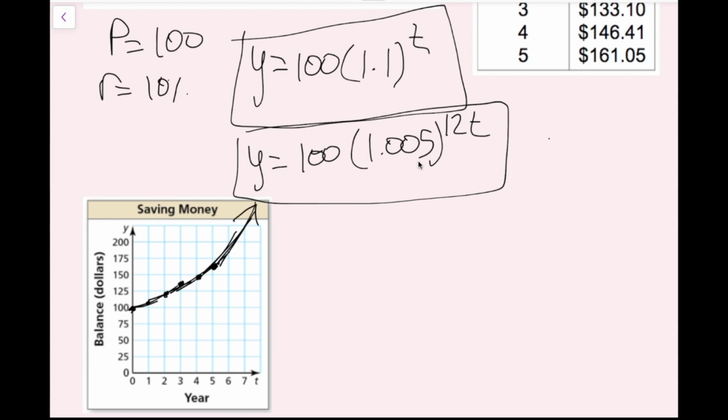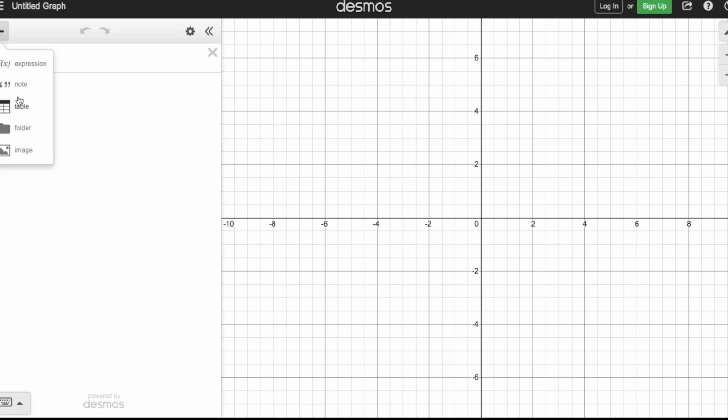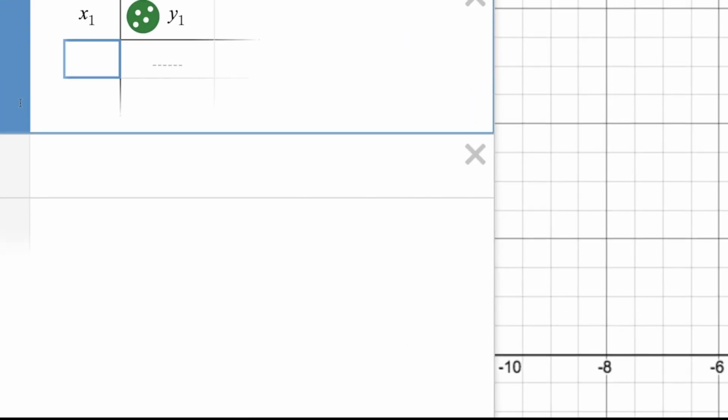And then here, what I'm going to do is make a table of values based on this equation so I can plot. I'm actually on the Desmos graphing calculator right now, and I'm just going to type my function here, which is going to be 100 times 1.005 to the 12x.